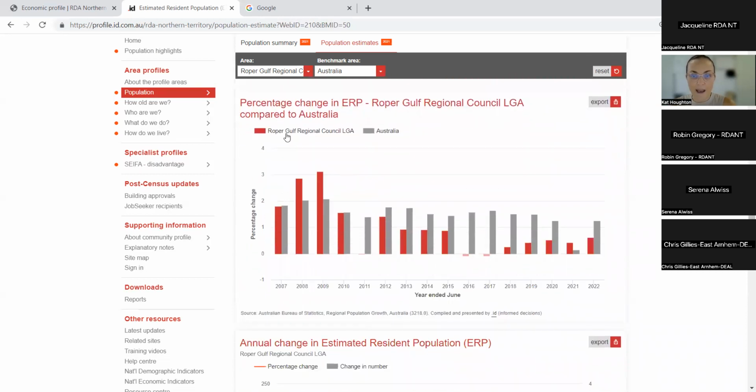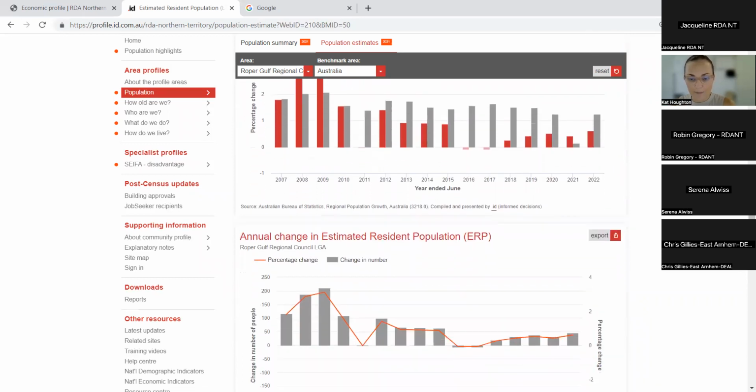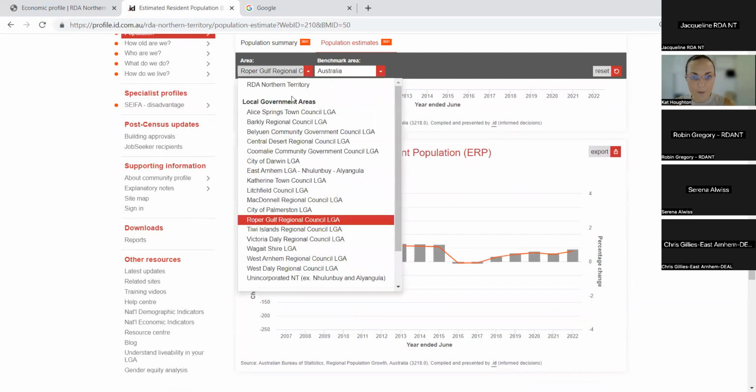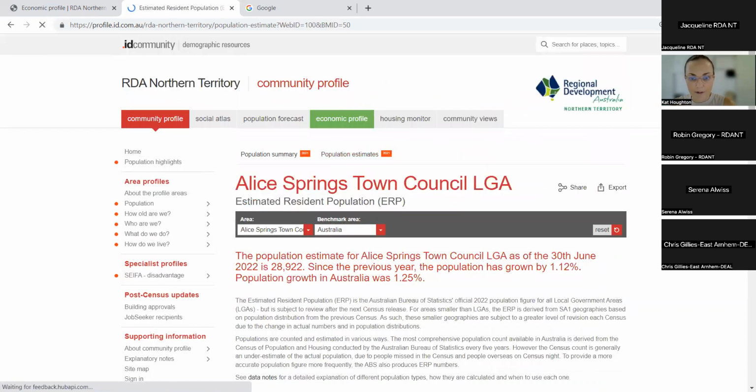Then we can compare that growth to the rest of Australia. There's 0.6% growth in the Roper Gulf region between 21 and 22, and here's our annual change in ERP year on year. We can do that for any of our council areas.